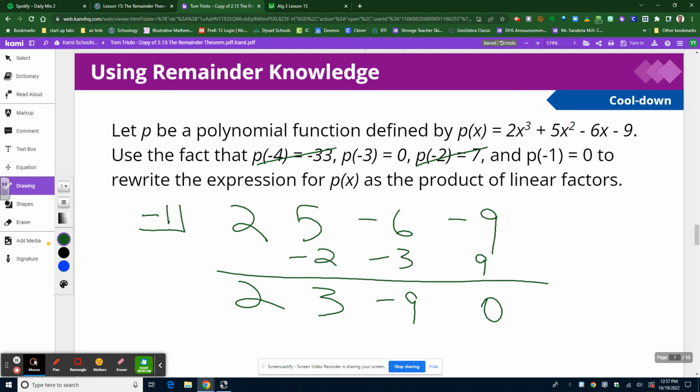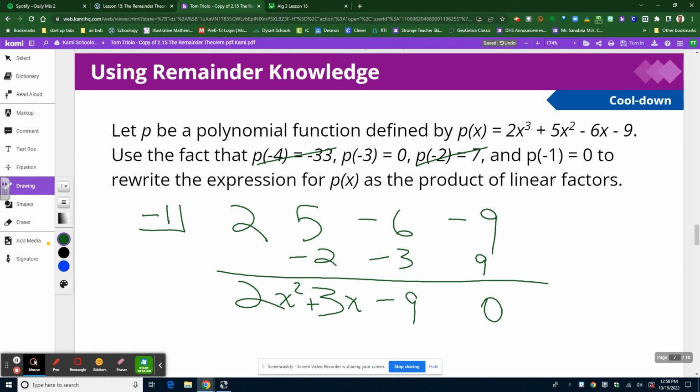If I am told something is equal to 0, that means it's a factor, which means my next division should give me a remainder of 0. If I didn't get a 0 here, I did something wrong. Okay, how many factors do I have so far? I have x plus 1, and I have 2x squared plus 3x minus 9. But it's supposed to be linear factors.